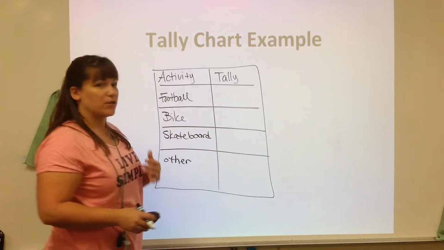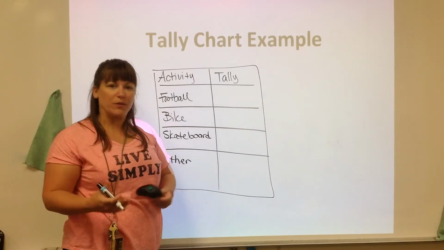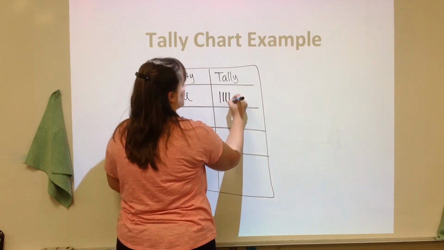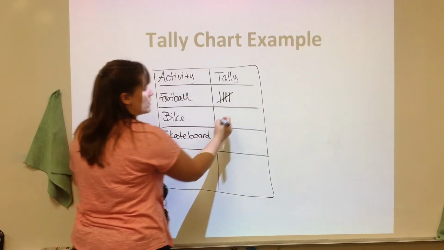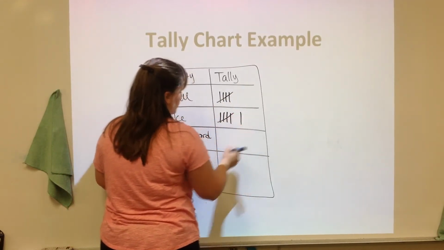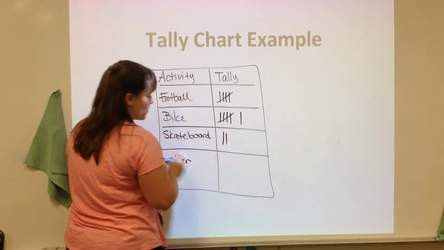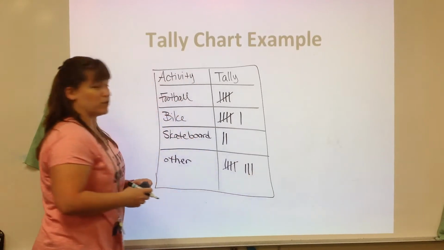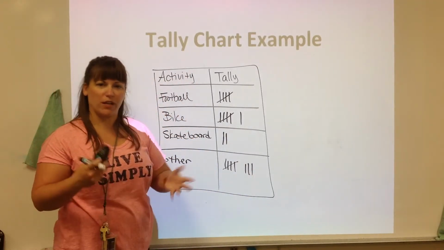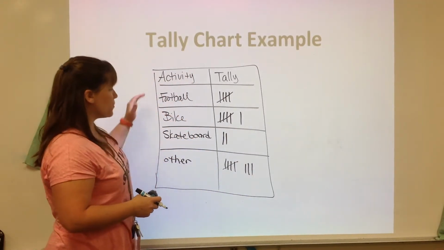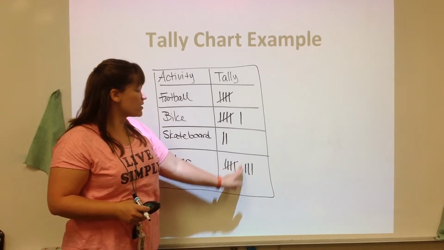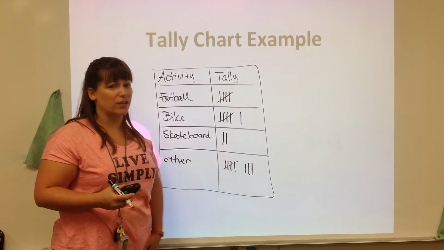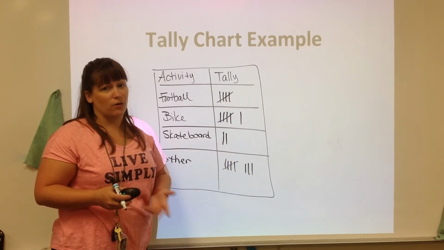We don't have a class right now, so we're just going to pretend we surveyed the class and 5 people wanted to play football after school, 6 people wanted to bike, 2 people wanted to skateboard, and then the rest of the class wanted to do something else, either play video games, dance, that kind of thing. So make sure that there's enough space in between your groups of tallies. That's the only caution when you're making a tally chart, so that you can actually count accurately.